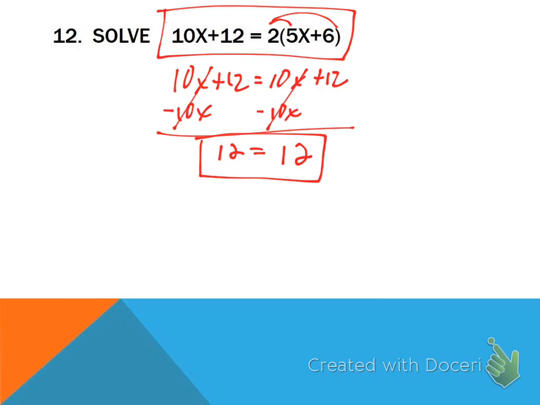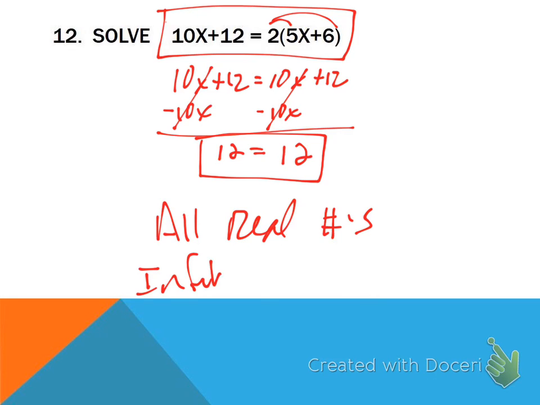The left side would still equal the right side, no matter what we put in for x. So we can pick any number we want, and that will work. If that's the case, then any number is going to be a solution. In other words, all real numbers are our solution now. Or, as some have said, you can just say infinitely many solutions. That's the same thing.